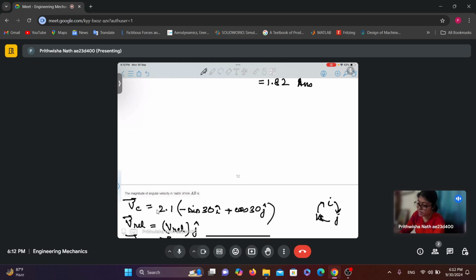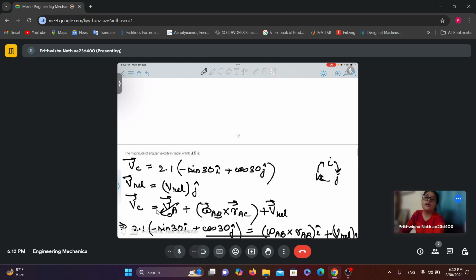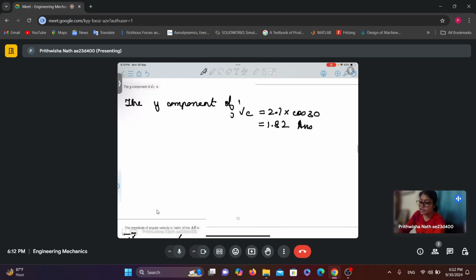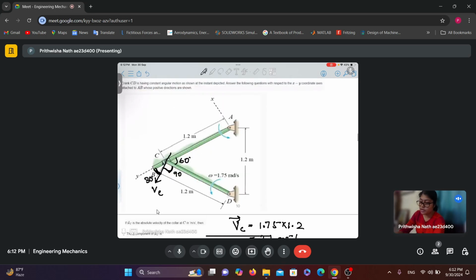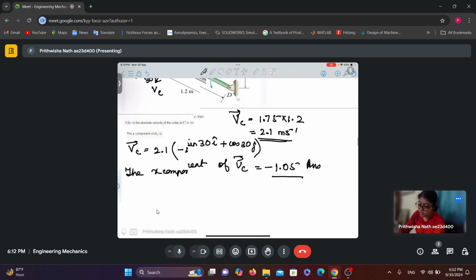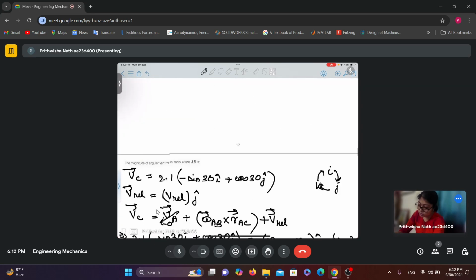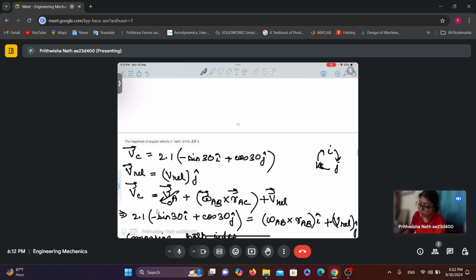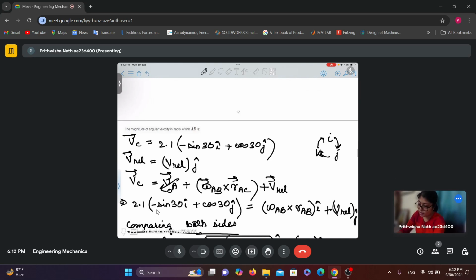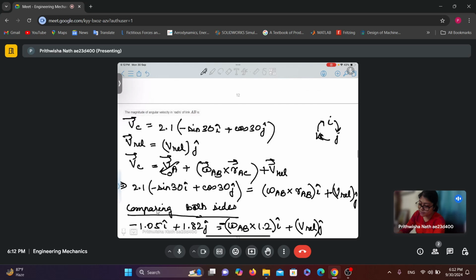Now they have asked to find out the angular velocity in radian per second of the link AB. Now I have already written down BC in terms of its component, and I know V relative is in the J direction, right? So I'll write down the formula. So VA is 0 and omega A RAB, we know RAB.